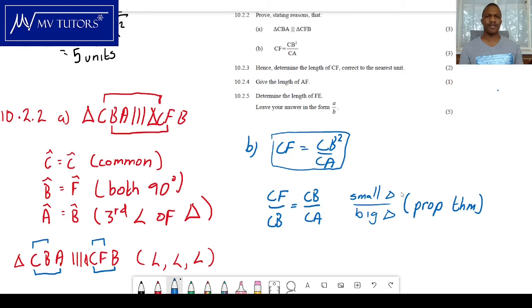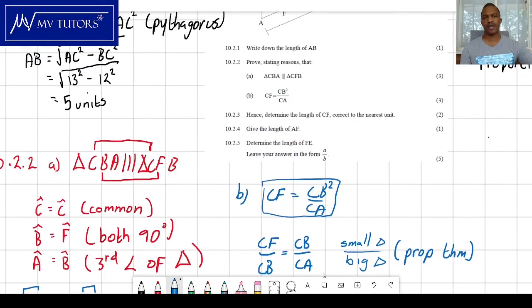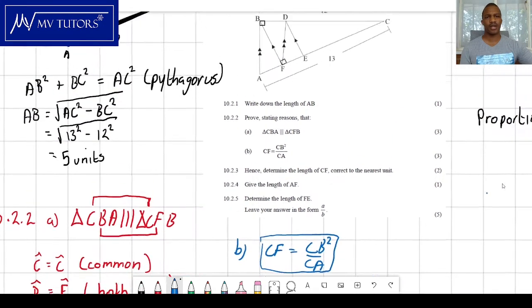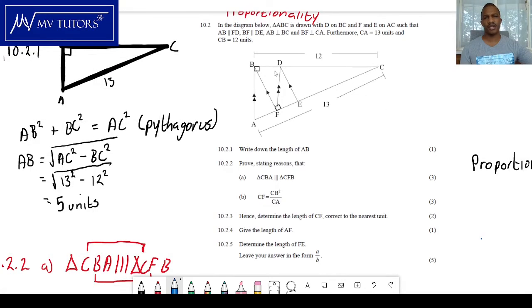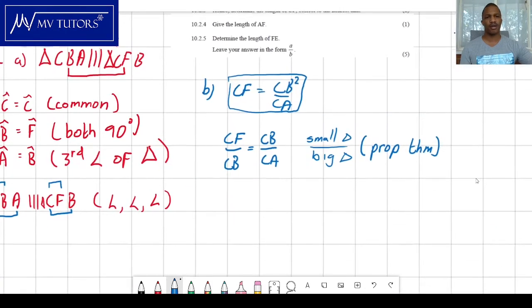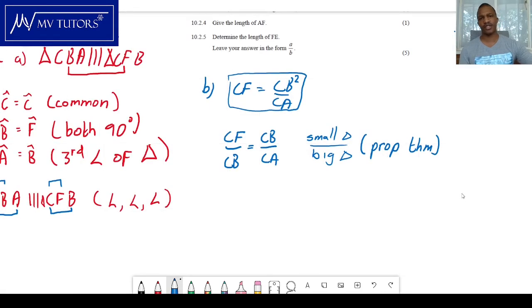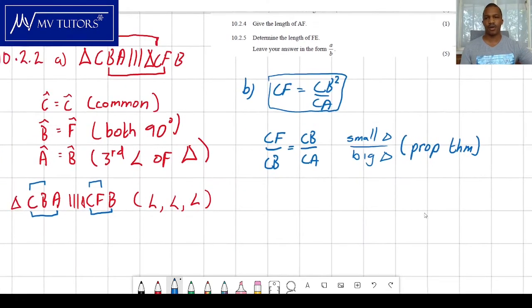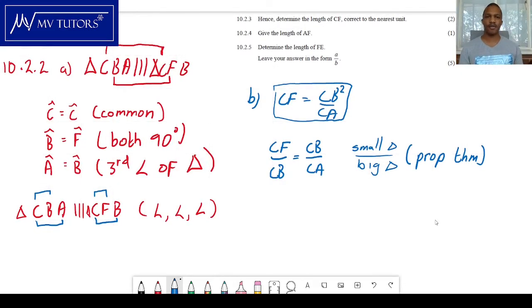Now, very often when it comes to proportional theorem or similar triangles, it's big and small. They are proportional. I'll just leave it at proportional because we've proved it on the red one here. We've proved it. So it stays like that, and then from there it's just mathematical gymnastics.